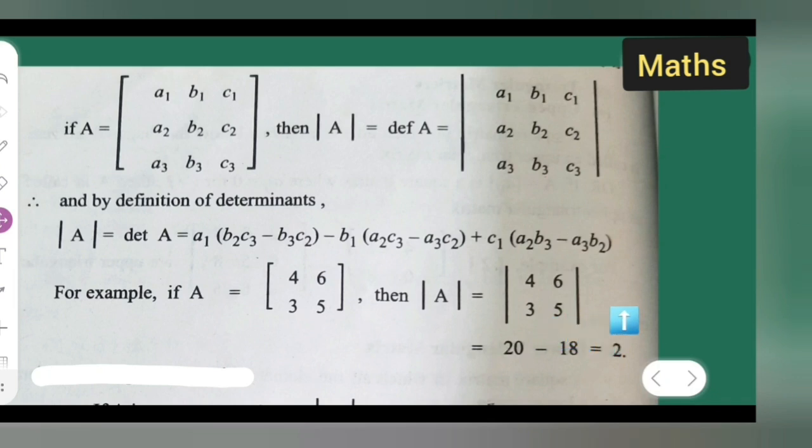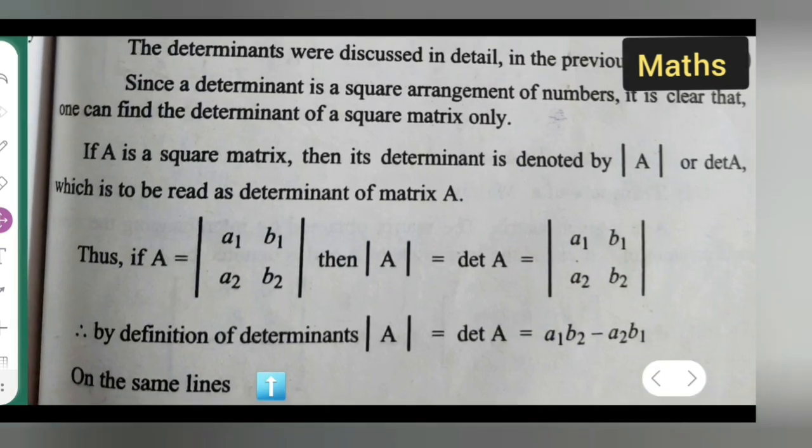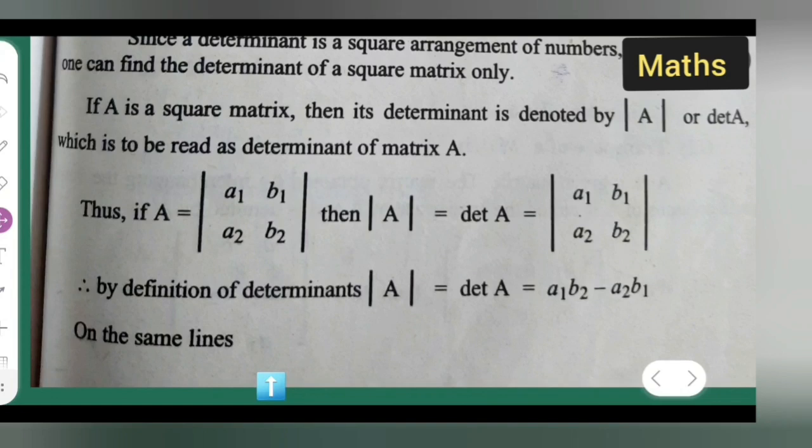So what I have done over here is, I have multiplied 4 fives are 20 minus 3 sixes are 18, which is equal to 2. So we are cross multiplying here. I hope you have understood the concept of determinant of a matrix.